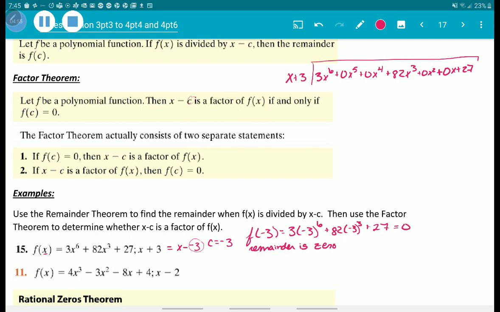So let's review long division. We ask ourselves, how many times will x go into that 3x to the 6? Well, it goes 3x to the 5th times. Multiply through. So we have 3x to the 6th plus 9x to the 5th. Subtract. So those cancel. 0 minus 9 would be negative 9x to the 5th.